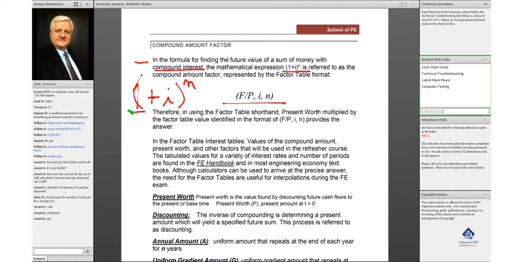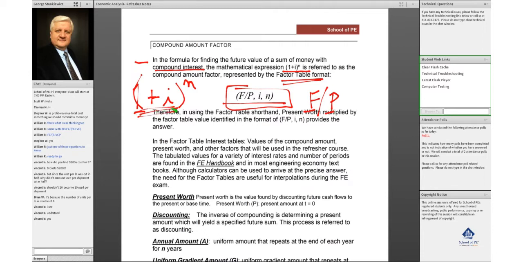However, the factor tables in your handbook use a shorthand, and this would be the future value given the present. So calculating given is basically what we're going to be doing. Instead of using this equation, we're going to use the factor table.